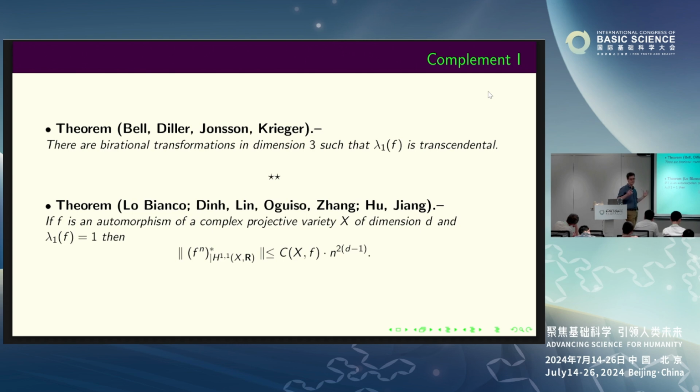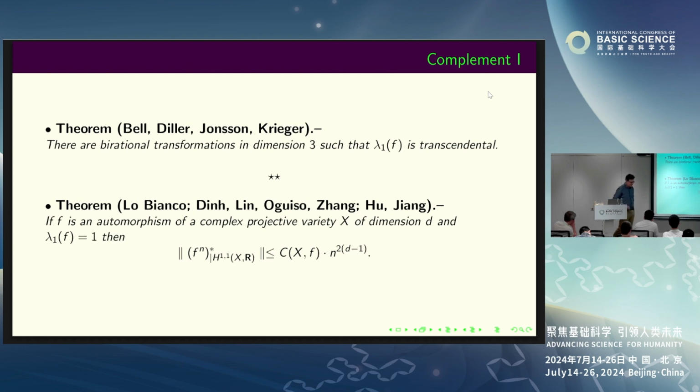But this countable set contains a transcendental number. This is due to Jason Bell, Jeff Diller, Matthias Johnson, and Holly Krieger. They did an example in dimension 2 before that, but for a map which is not invertible, for a rational transformation.